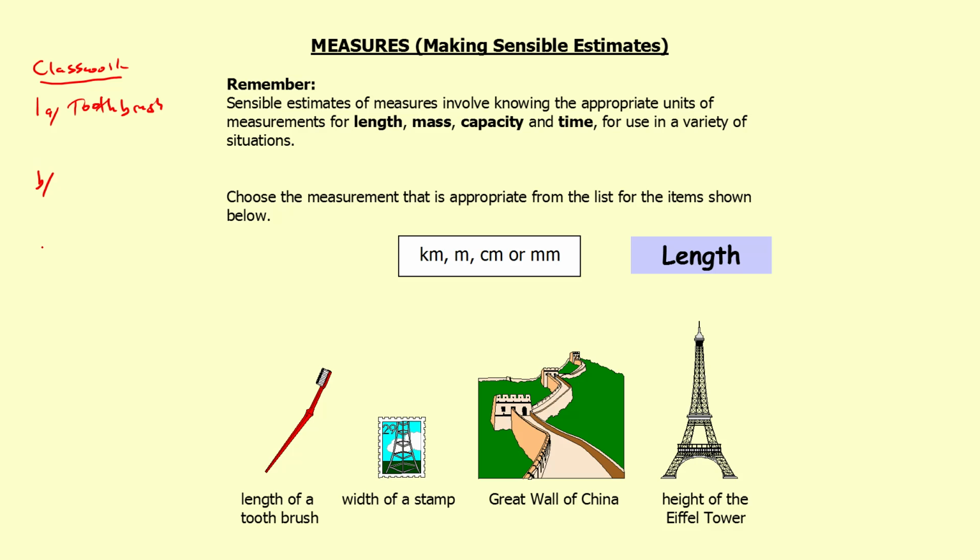B, C and D. Stamp, Great Wall, and D, Eiffel Tower. And next to it, I want you to write what measurements you're going to use. Okay? So hit pause, have a go. Once you're done, hit play and we'll go through it together.